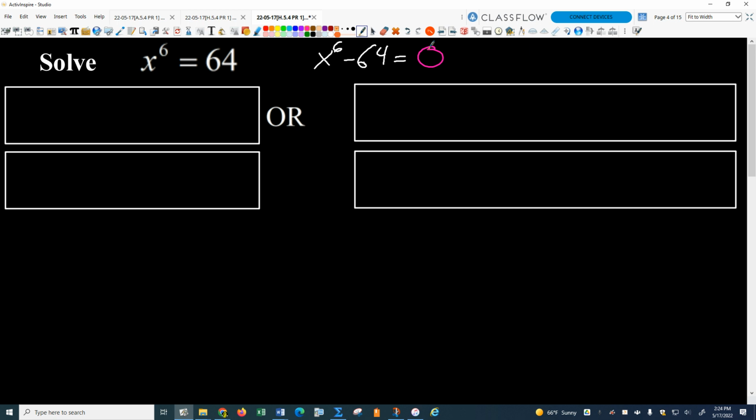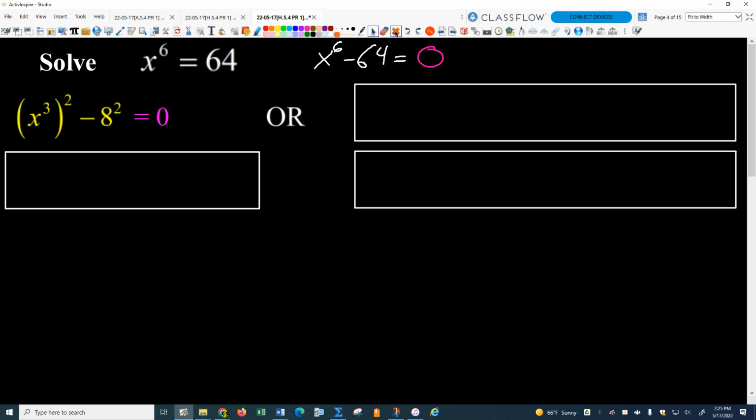Could I write x to the 6th minus 64 as something squared minus something squared? 64 would be what squared? 8. Okay. What about x to the 6th? X to the 6th would be what squared? X cubed. So I could write it as a difference of squares.